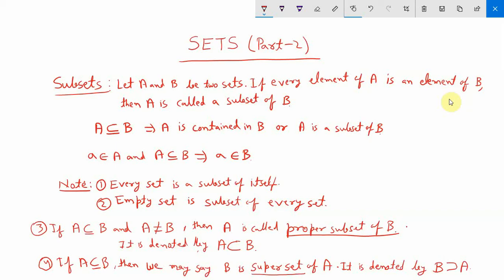Next, we will see some important results on subsets. So let me clear this. Important results on subsets. Okay. So first point, or you may call it theorem 1.